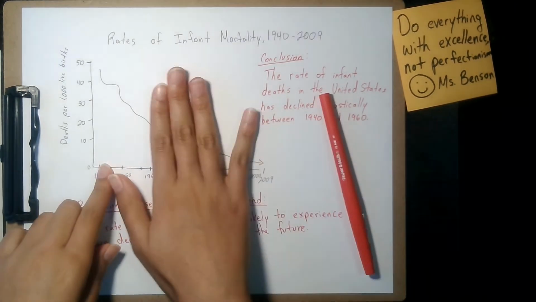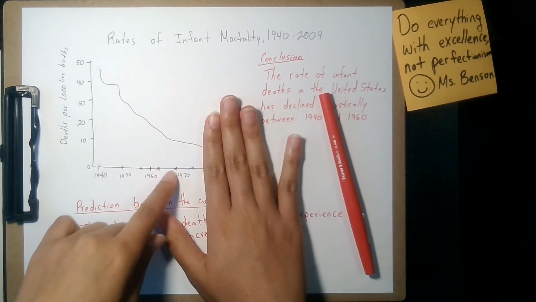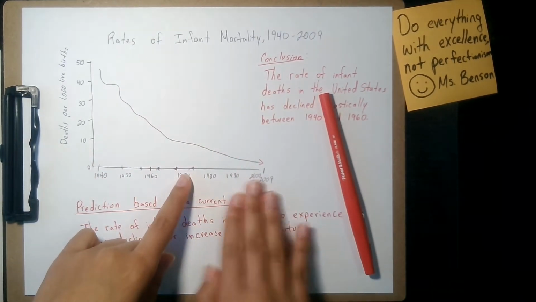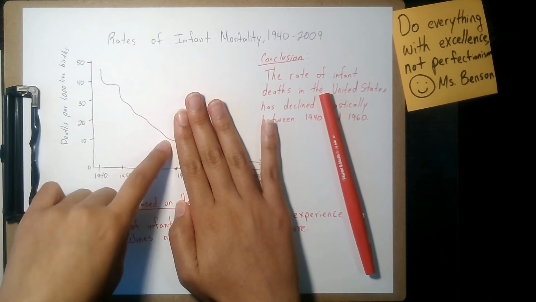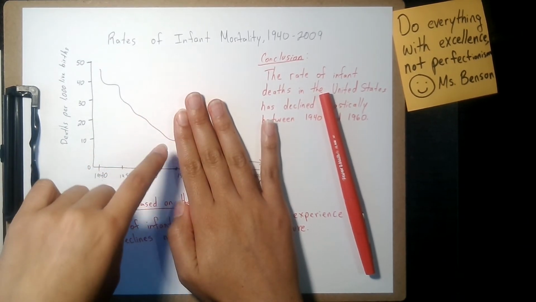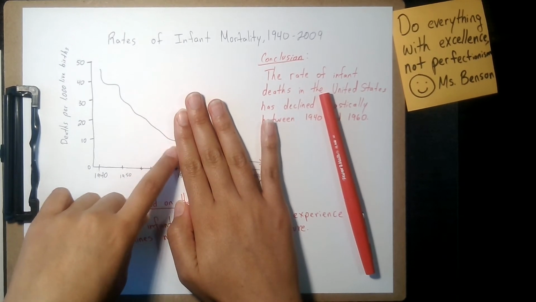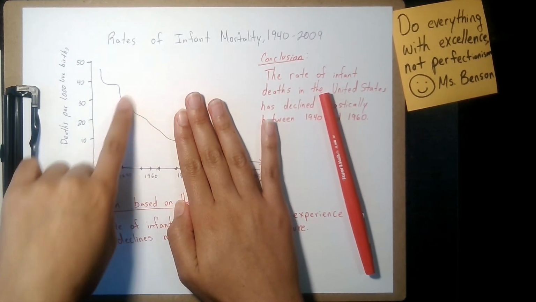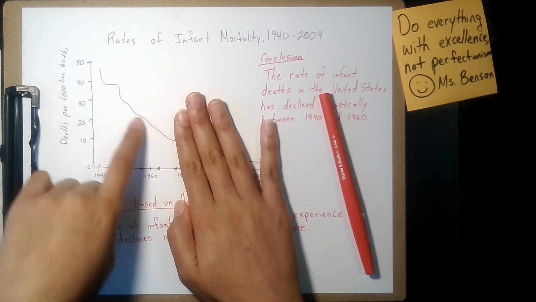But if we were looking, let's say the year was like the 1960s and this hadn't happened yet, we would expect there to be a bigger decrease in infant mortality rate in the future, because based on what we see happening before us, a very sharp decrease.